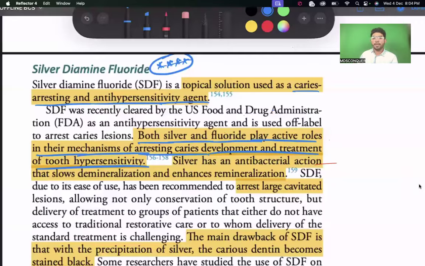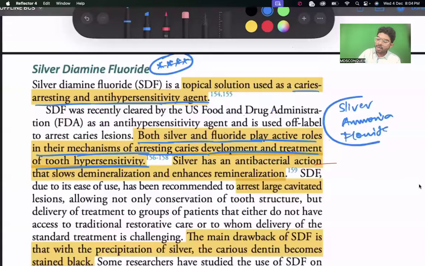What are the ingredients which are present? I have discussed in the previous slide. It is going to contain silver, ammonia, and fluoride. So what is the purpose of fluoride and silver? They help in arresting dental caries and in treating hypersensitivity. And I already told you silver acts as an antibacterial, slows down the demineralization and enhances the remineralization.